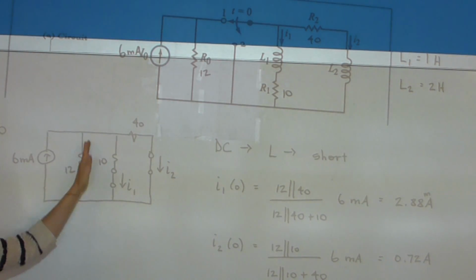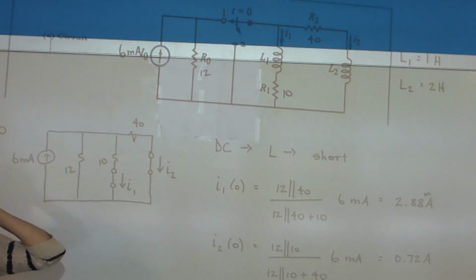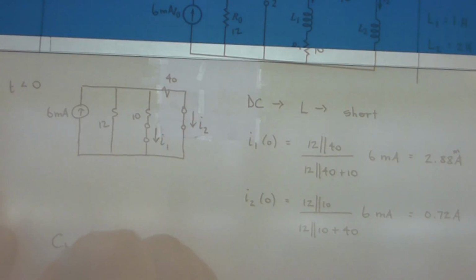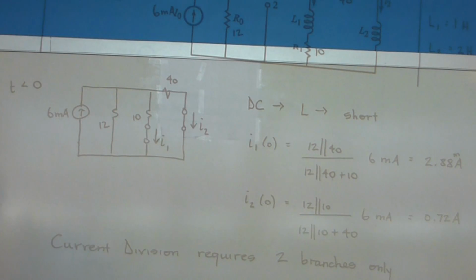We're not, because we didn't find the current through this branch. There's one more branch, so that's okay. We don't expect those to add to 6. Okay, so this was using current division, and that requires just 2 branches at a time. So now we have the initial currents.